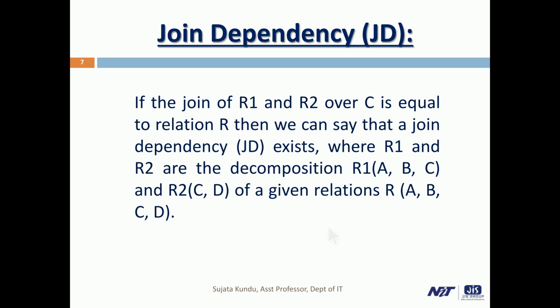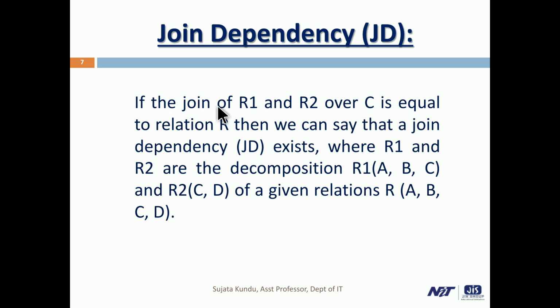Next we will discuss a very important concept, which is join dependency. Join dependency is basically a further generalization, or you can say a join decomposition is a further generalization of multi-valued dependencies.